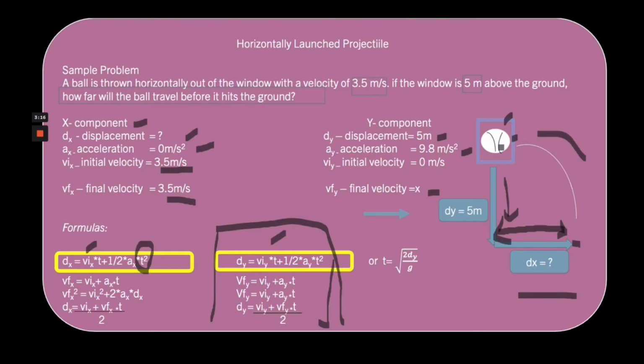We have initial velocity, which is 0 meter per second. We have acceleration due to gravity, which is 9.8 meter per second squared. So therefore, we can actually solve for time if we use this equation. And if we simplify this equation, we come to an easier computation: time is equal to the square root of 2 displacement y over gravity, which is 9.8 meter per second squared.